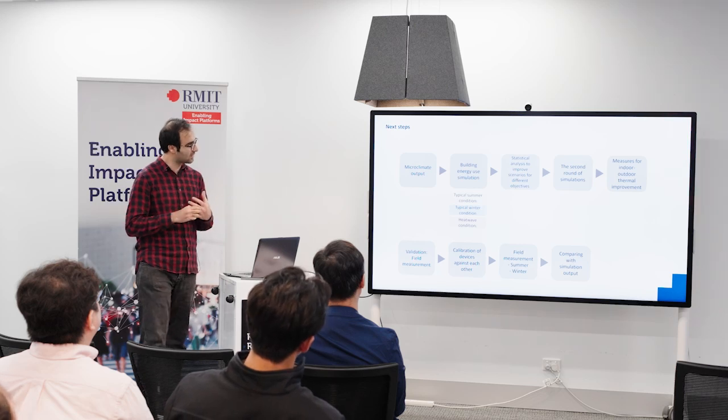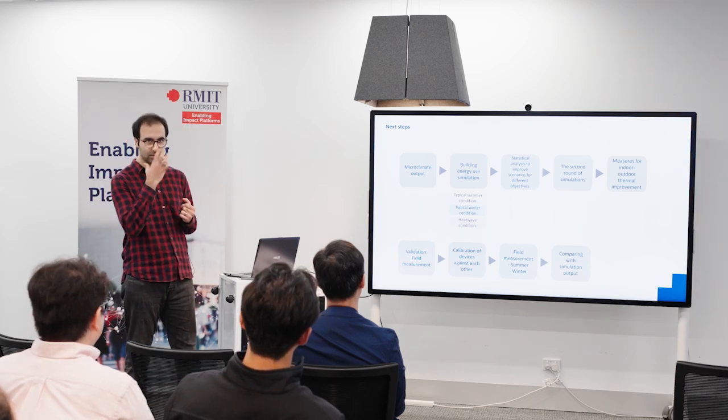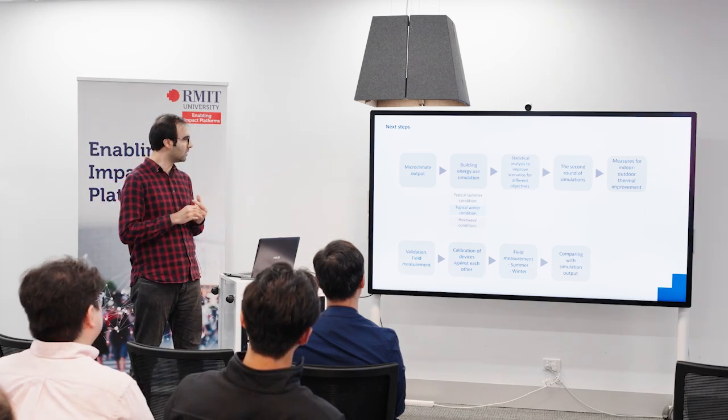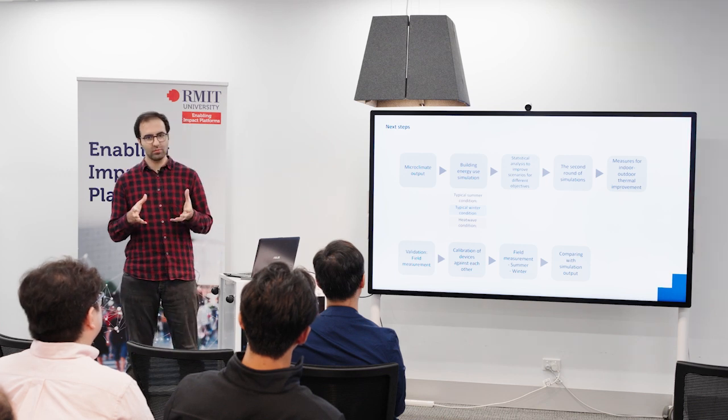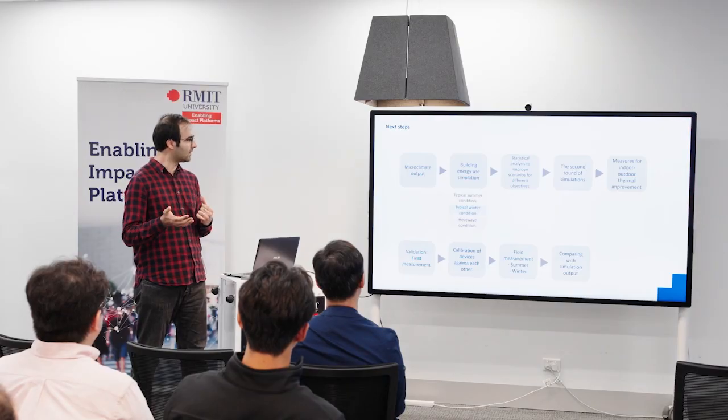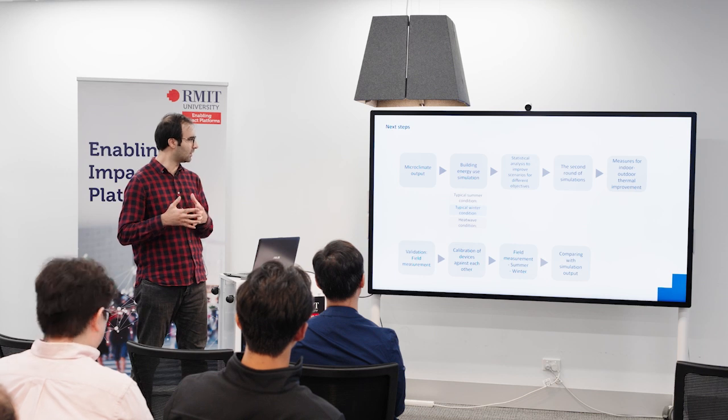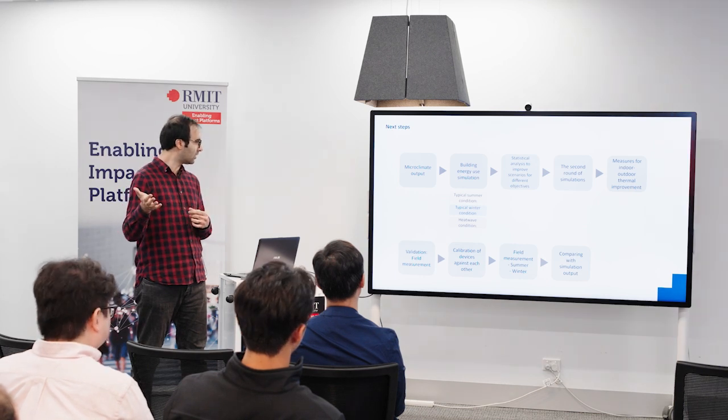The next step after microclimate modeling will be energy use simulation, which will be smoother because it doesn't need such high computer resources, and then a statistical analysis for the scenarios and other stages of simulations.